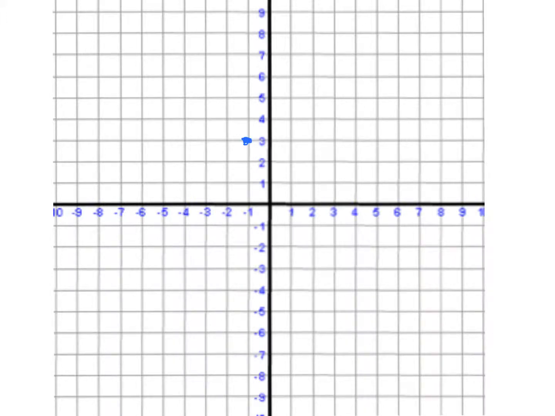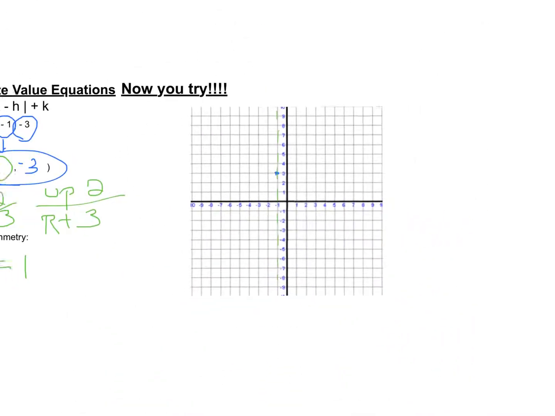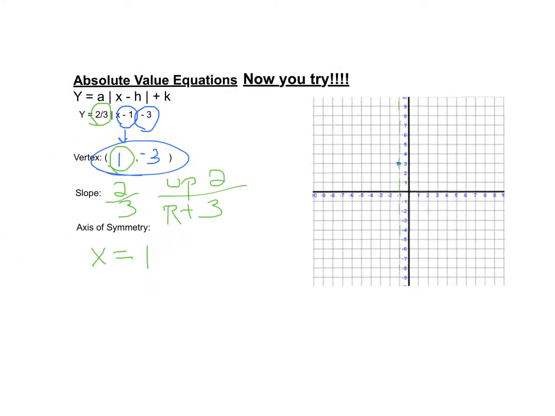Now since we already identified our axis of symmetry, let's draw that. Okay, there's that. Now let's do our points using our slope. Remember, our slope is 2/3.